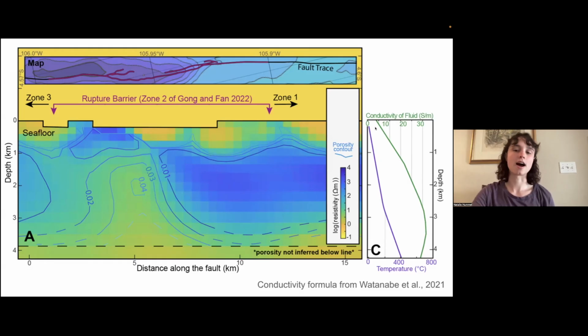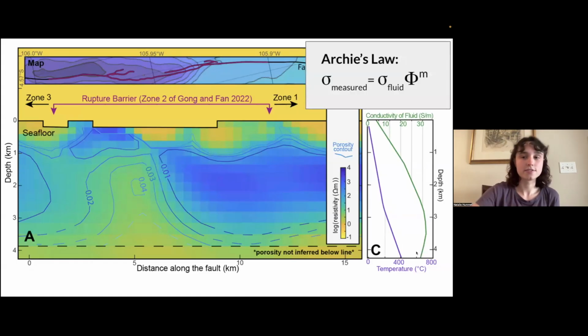And then we're using a formula for the conductivity of an NaCl fluid with approximately the salinity of seawater as a function of pressure and temperature, so as a function of depth in the crust. You can see the fluid will get more conductive as it heats up, going down, and then when it starts to transition to a supercritical fluid, the conductivity will kind of level out and start to decrease.